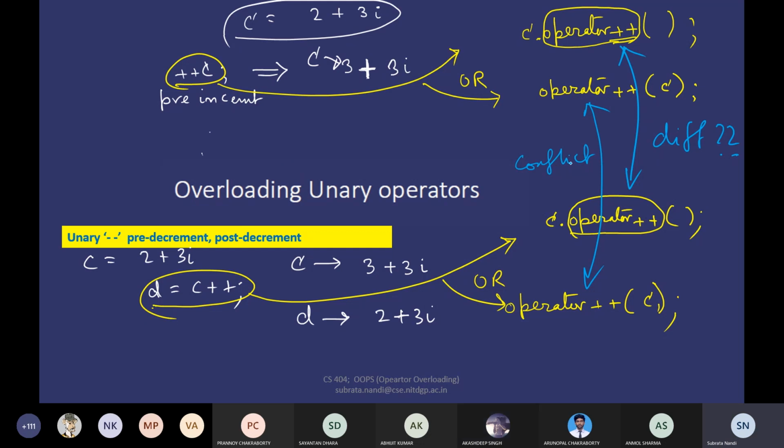So those who are first time C++ coders, can you feel the problem? Till now, the logic was very simple. You have got some operator symbol, so you write the operator function name as operator keyword followed by the symbol. That's all. And we know that both the options are supported, both the member function and friend function.